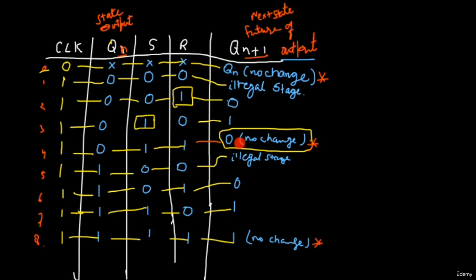That's all it means, nothing else. So sometimes you change, sometimes you don't change. And what's going to be illegal? You turn off both. You don't set, you don't reset, but still the output is 1, so it's the illegal state. Same, if you don't set, you don't reset, and the output is 0, that is also an illegal state.